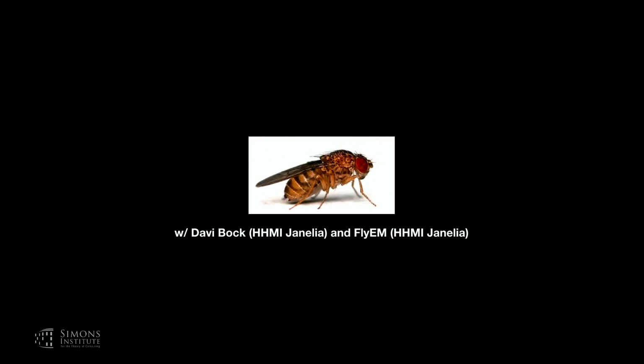OK, second system here, Drosophila. For those of you who don't know, Drosophila, the fruit fly, is a very important model organism in biology, particularly in molecular biology and genetics, but increasingly in neuroscience also. There are now 2 different large-scale images of the fruit fly.